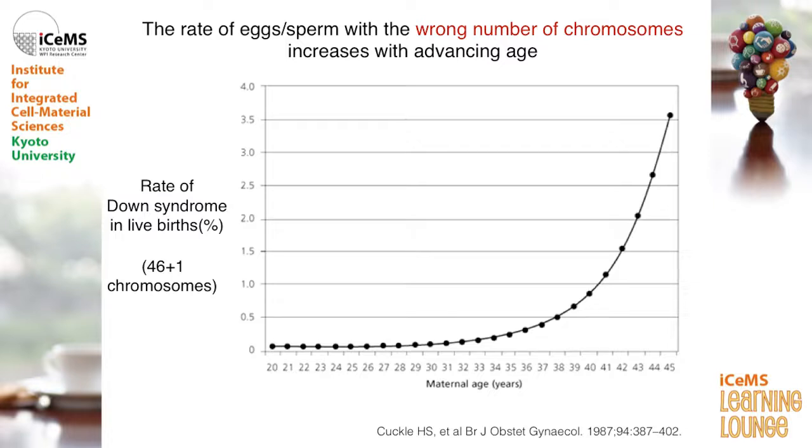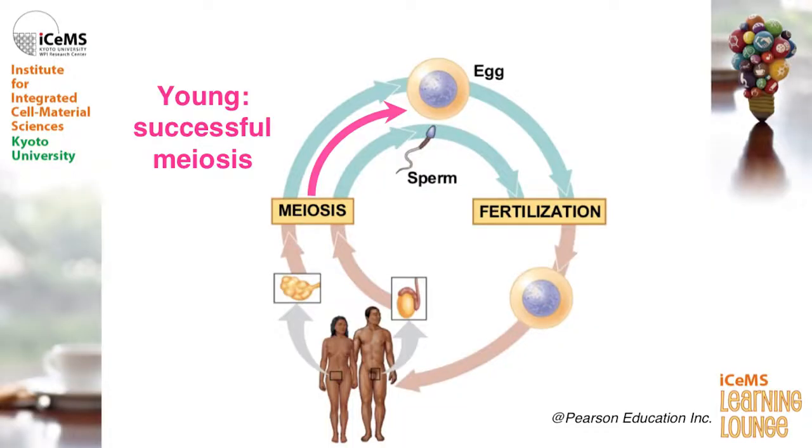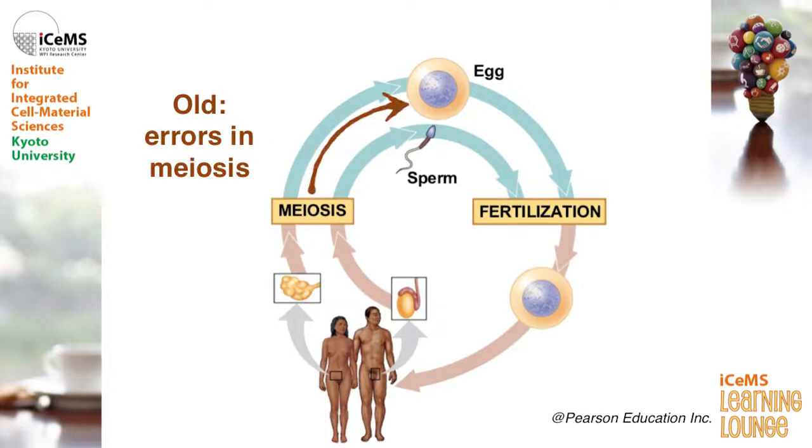As the mother's age goes up, especially from the late 30s to 40s, the rate of giving birth to babies with extra chromosomes increases quite rapidly. So this means that when you're young, your meiosis is good and you produce relatively good eggs and sperm, whereas as you get older, you tend to make more errors in meiosis, and this leads to fertility issues.